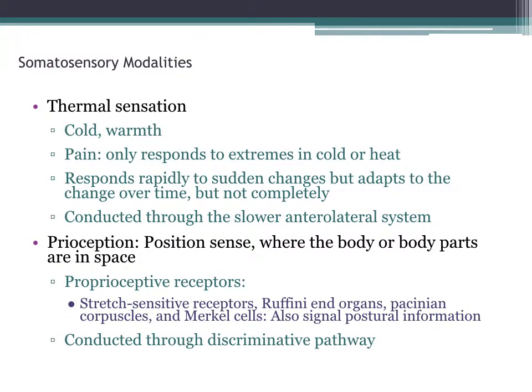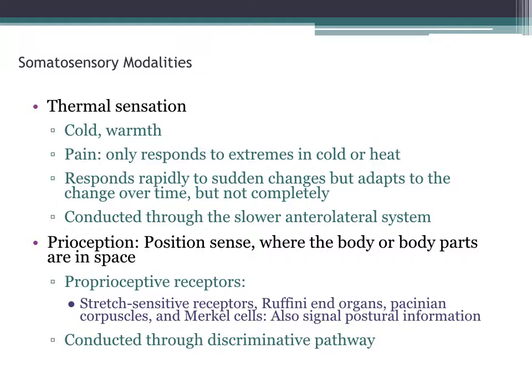Another sensation that we have is thermal sensation, or warmth and cold. What's interesting about this one is not only do we feel cold and warmth, but we also feel pain in association with cold or warmth with this particular modality.